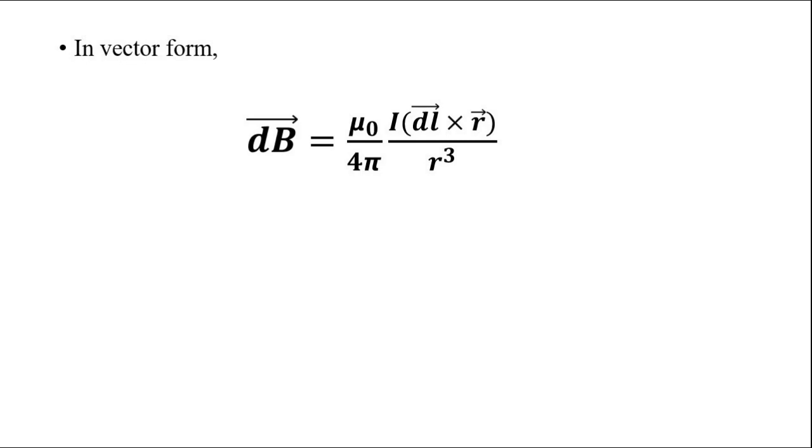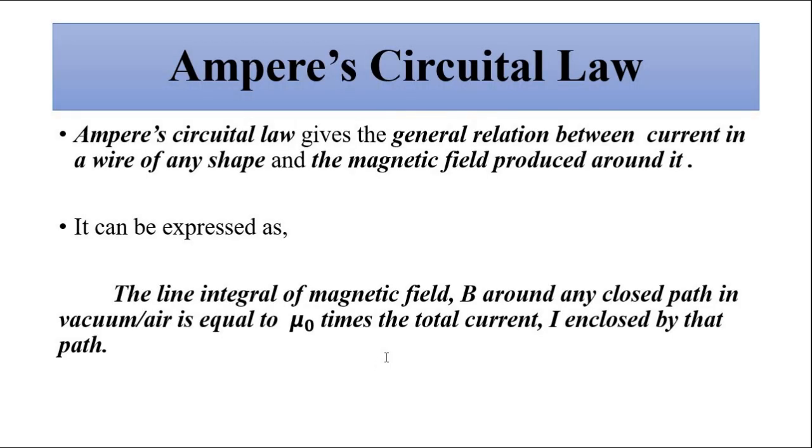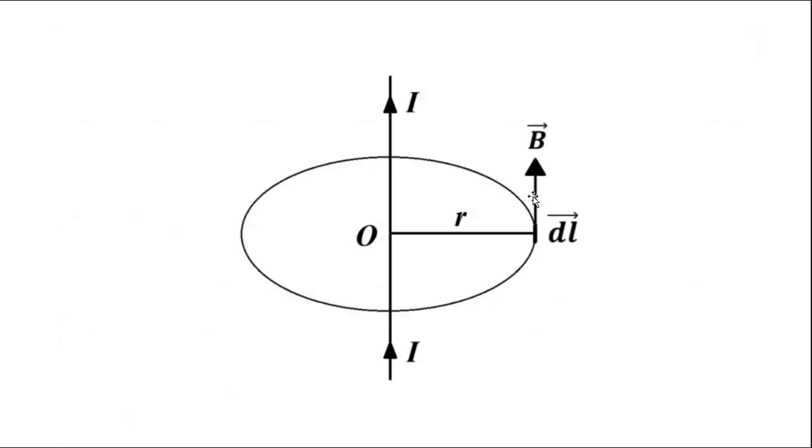The next concept is Ampere's circuital law. It is similar to Gauss law in electrostatics: that is the electrostatic version, and this is the magnetic version. Let us say we have a current carrying conductor which produces a magnetic field.